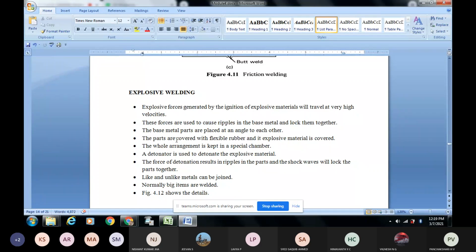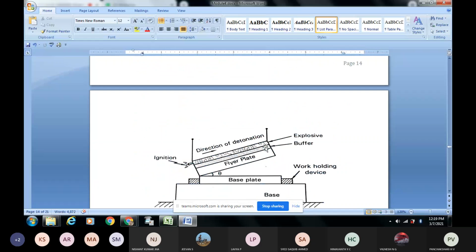The parts are covered with flexible rubber, and the explosive material is covered with a buffer so that it does not cause any destruction to the base material. For that purpose, a protective layer is provided.